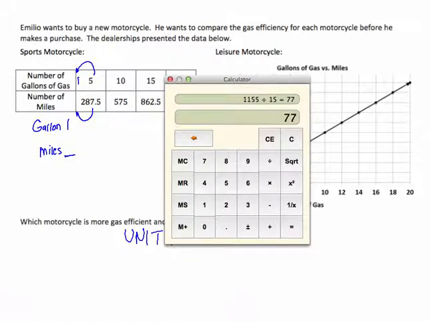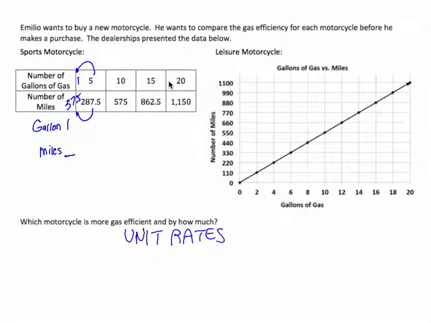I'm just going to show this on the calculator. 287.5 divided by 5 is 57.5. So we can say the sports motorcycle gets 57.5 miles per gallon. So that's per 1 gallon.